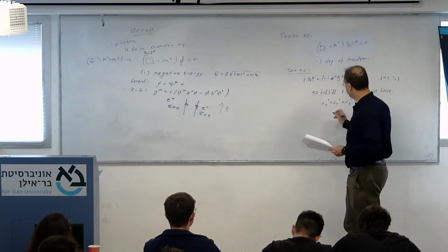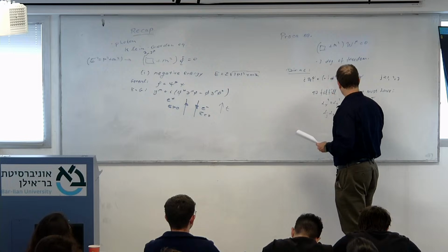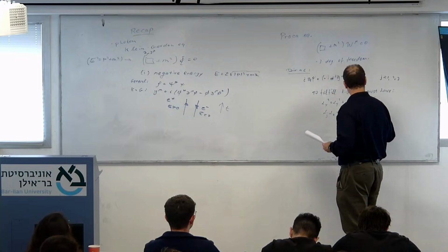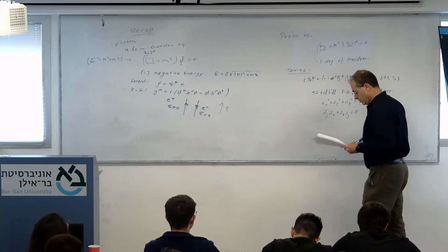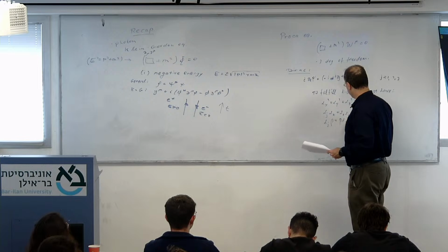Then we also have alpha_j alpha_k plus alpha_k alpha_j equal to 0 if j is not k. And the same, alpha_j beta plus beta alpha_j is equal to 0.